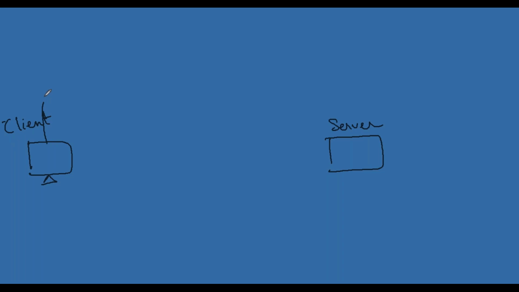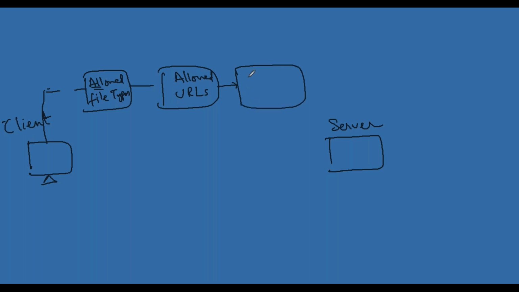In the positive security model, you will be defining the allowed file types, the allowed URLs, and the allowed parameters which can be requested, so the request from the client can be allowed to reach the server.